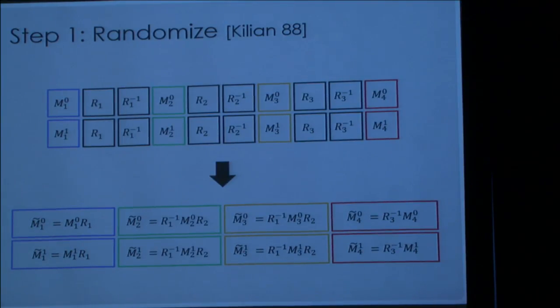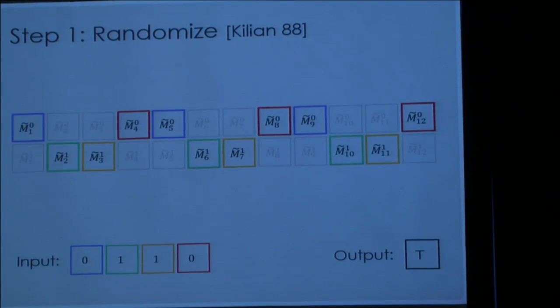So the first thing to notice is that this randomization does not change the functionality of the program. So when you evaluate, you multiply one matrix in every level, and now all the random matrices and their inverses are going to cancel each other out, and you're going to be left with exactly the same product. So for example, here, if the program accepts this input, then the product of all these matrices will be top.